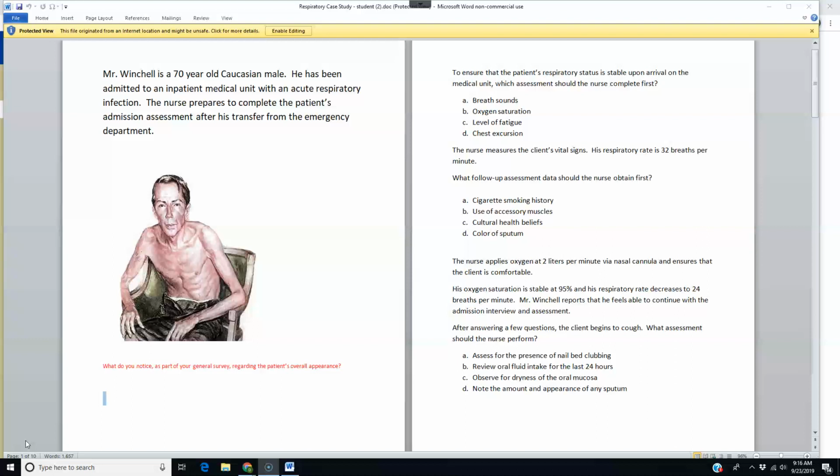Very vulnerable to infections, especially respiratory infections, and they do come into the hospital frequently, especially this time of the year, with an acute respiratory infection. And what happens is they're at home, they start to become even more short of breath, really unable to do many of their activities of daily living, and they're not eating, they're probably not drinking, they come in with somewhat of dehydration.